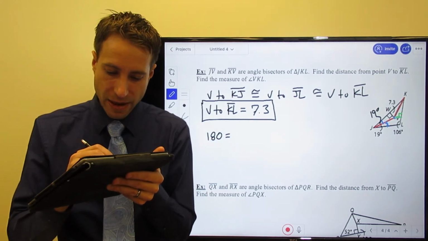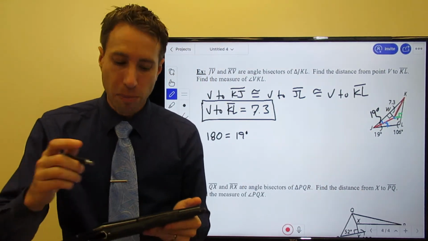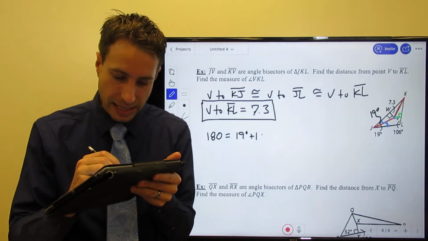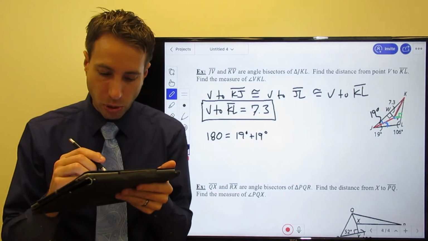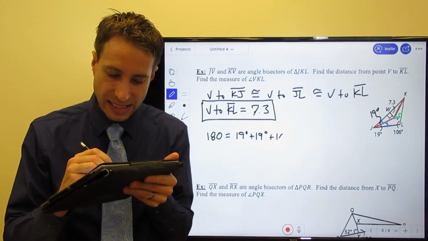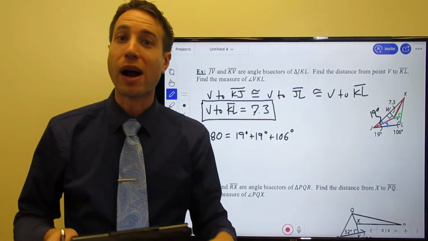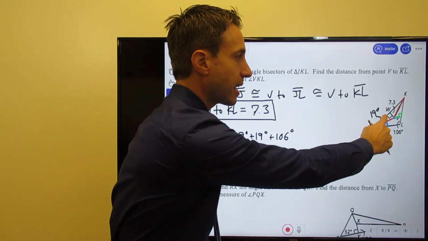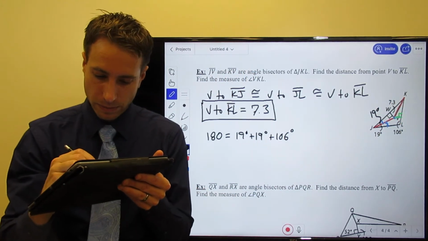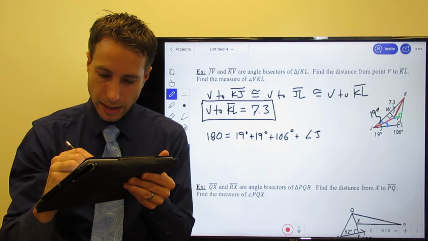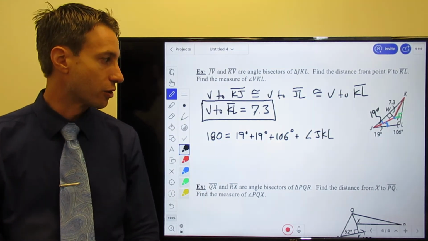Well, I'm going to have 19 degrees, that's that little chunk, plus 19 degrees, which is that little chunk, plus 106 degrees, that's angle L, plus this angle right up here, angle JKL.